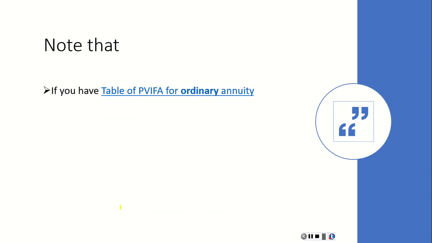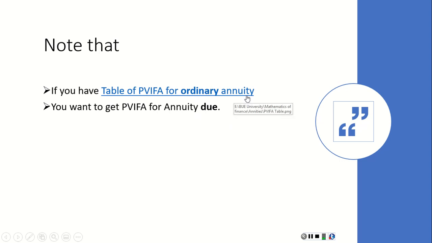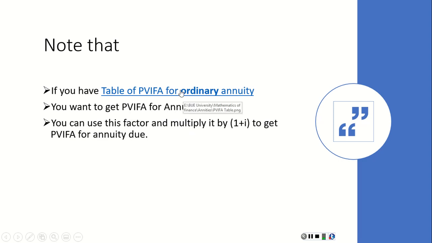Note that if you have a table of present value interest factor for ordinary annuity in your exam, and you want to get the present value interest factor for annuity due, the difference between annuity due and ordinary annuity is the term of 1 plus I. So we can use the factor of ordinary annuity and multiply it by 1 plus I to get the present value interest factor for annuity due.